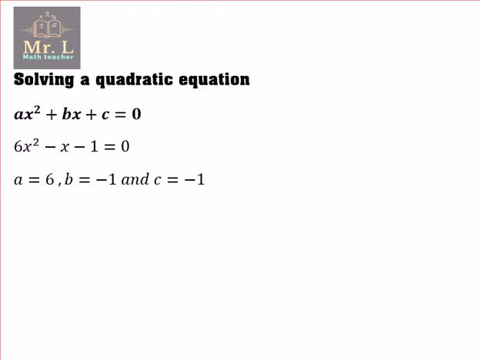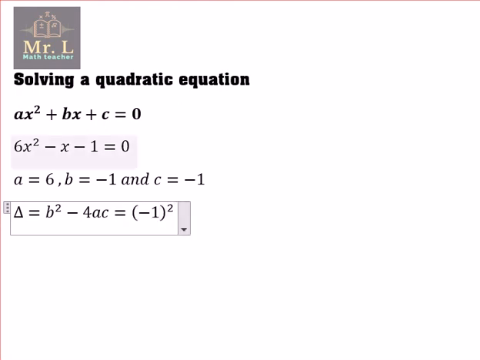Then after that, let us try together to find delta. By definition, delta is equal to b squared minus 4ac. So b is -1, so it will give (-1) power 2 minus 4 multiplied by a, which is 6, multiplied by c, which is -1.